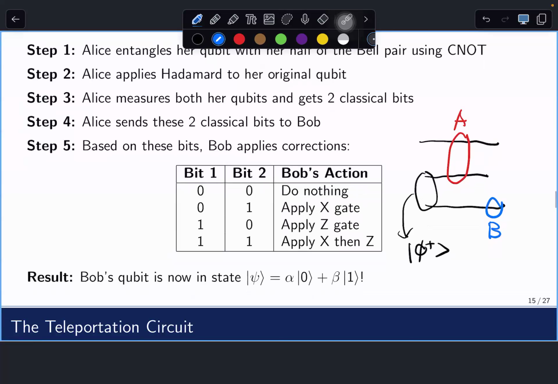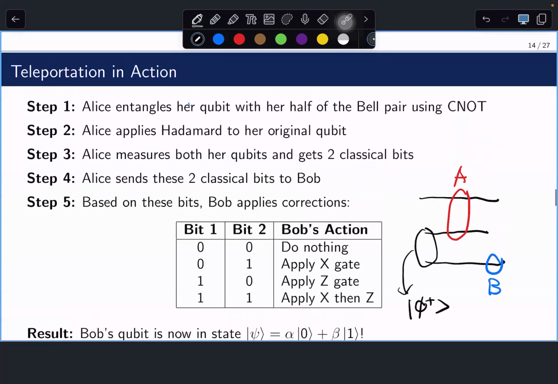First, step 1, Alice will create entanglement using CNOT. So she will connect her qubit alpha |0> plus beta |1> with one of the entangled qubits. And later on, she further appends a Hadamard gate here.